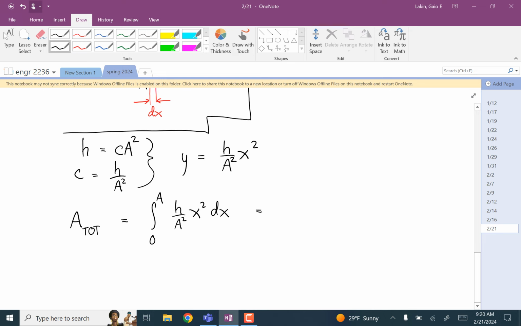And so that is h over 3a squared x cubed evaluated from 0 to a.